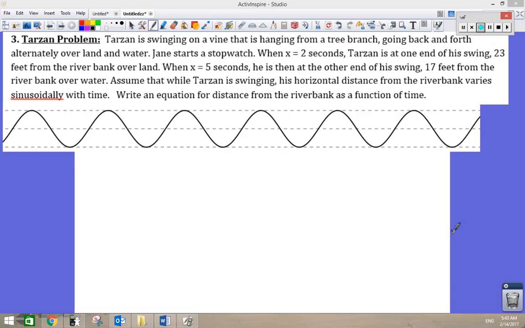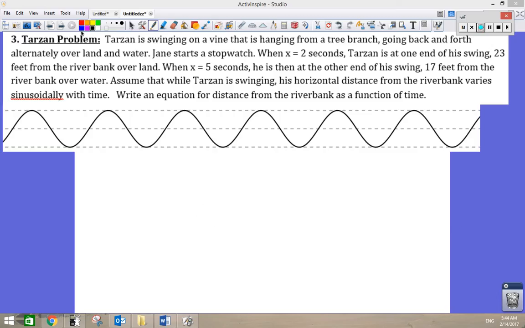When X is 5 seconds, he's on the other end of his swing, 17 feet from the riverbank over water. Assume that while Tarzan is swinging, his horizontal distance from the riverbank varies sinusoidally with time. Write an equation for the distance from the riverbank as a function of time.